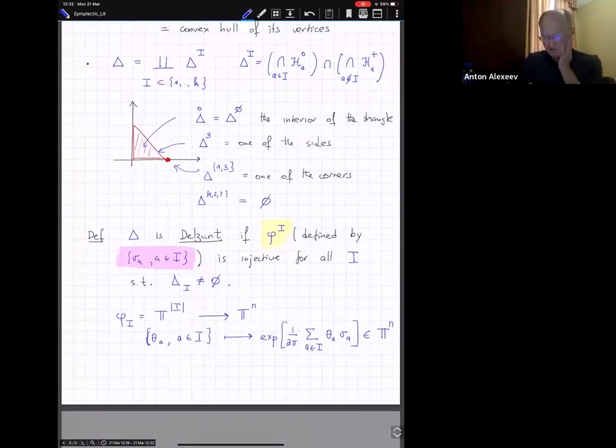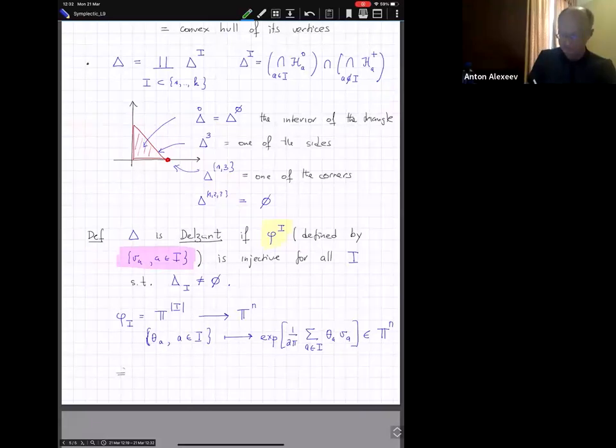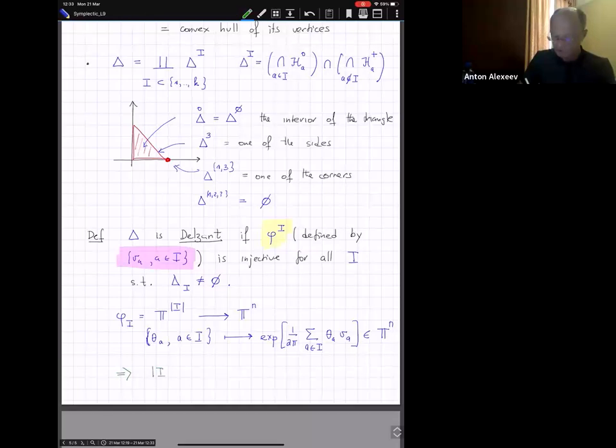Notice already for phi I to have chances to be injective, we want the size of I to be less or equal to n for all I with delta I non-empty.